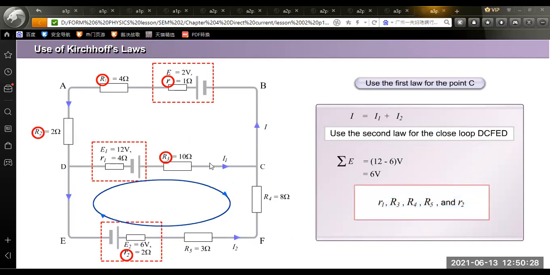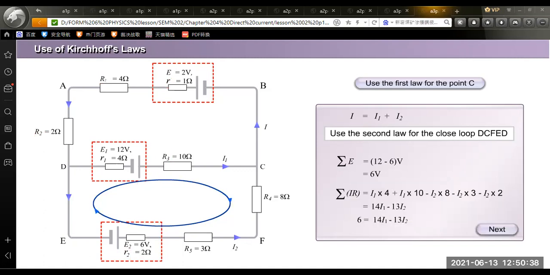And how about the I? R1 and I1 are in the positive direction, but I2 is in the negative direction. I1 times 4 plus I1 times 3, plus I1 times 10.